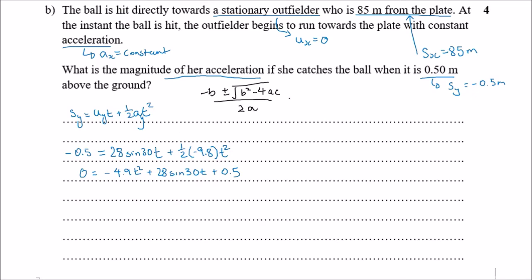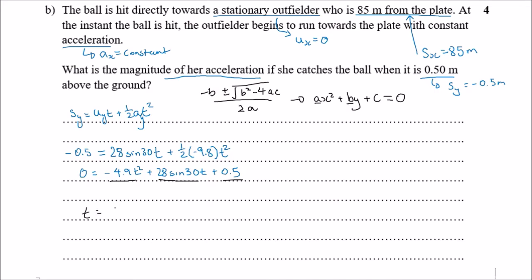Now the general formula we're looking at here is ax squared plus bx plus c equals 0. So what you can see here is the 4.9 is the a value here, the 28 sine 30 is our b value, and 0.5 is the c value we're looking for. So we're going to solve for it to find t.